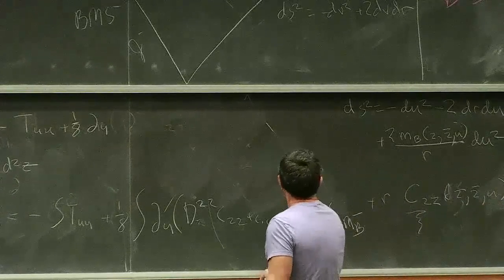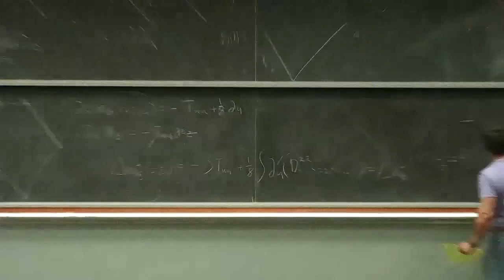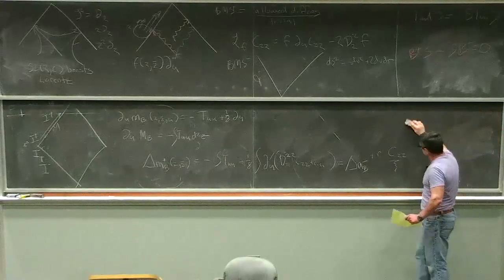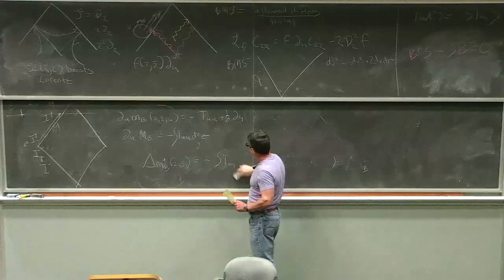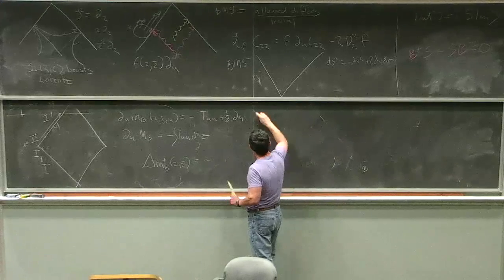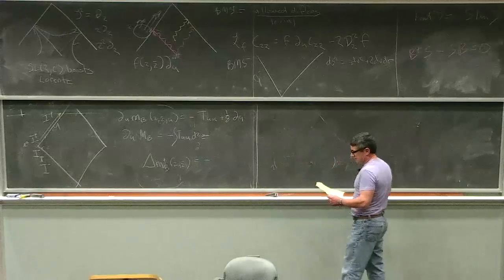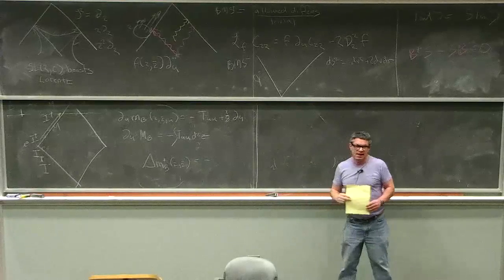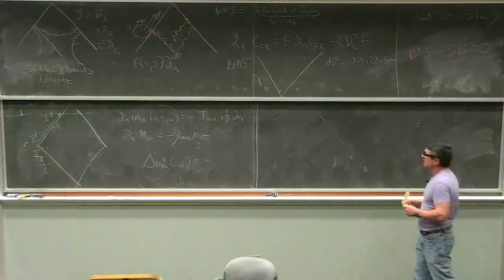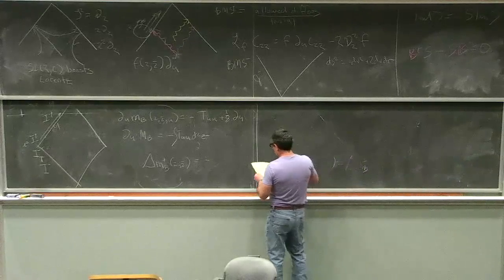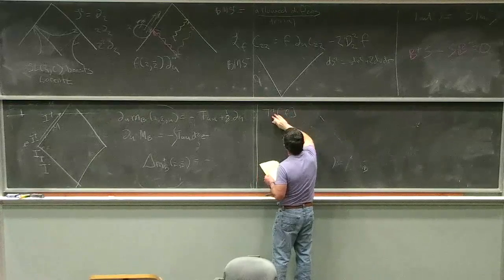Okay, so the next thing we want to do is write down, so we constructed the generators, the canonical generators of these supertranslation symmetries. And they are T plus of f.